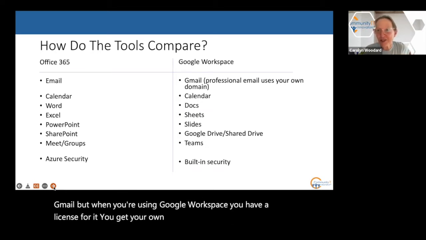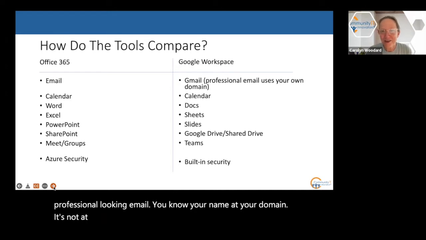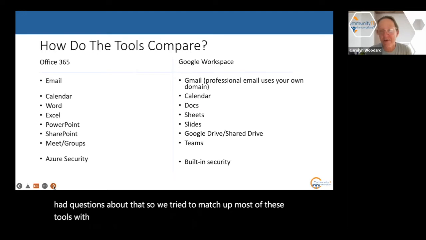So you have a professional looking email, your name at your domain. It's not at a Gmail account. Just to clarify that for anyone who had questions about that. So we tried to match up most of these tools with what they are on the two different platforms. So you can see they're very, very comparable.